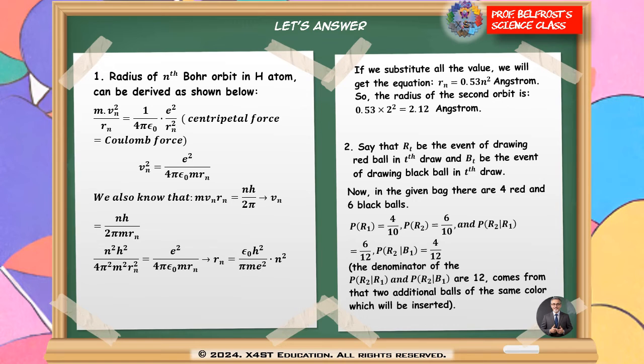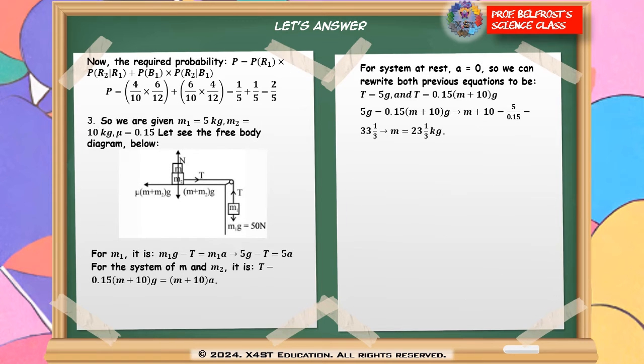So here's the second line in mathematical notation, which is PR2 given R1, it is 6/12, and PR2 given B1, it is 4/12. You need to revise your lesson on this if you want to know how it works.